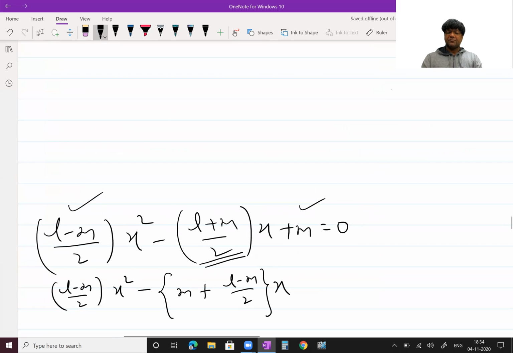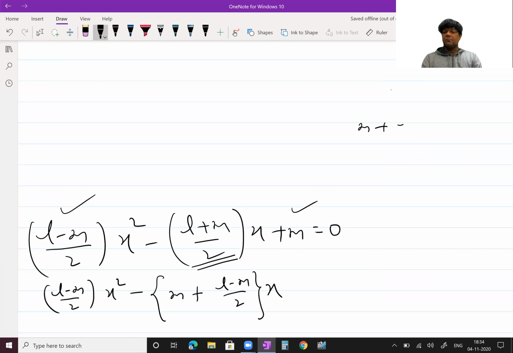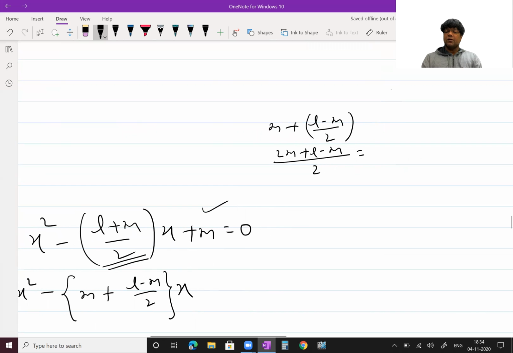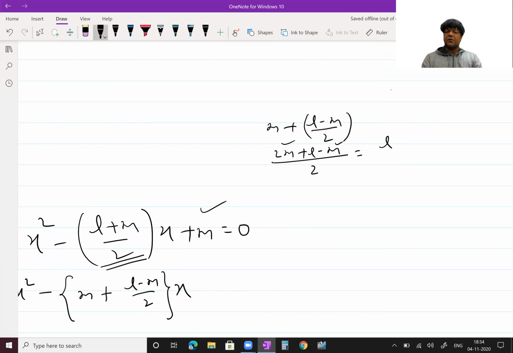See, M plus (L minus M) by 2. If you add, LCM will be 2, 2M plus L minus M. So that is equal to L minus M plus 2M, which is L plus M, by 2. That means in place of (L plus M) by 2, I can write this.